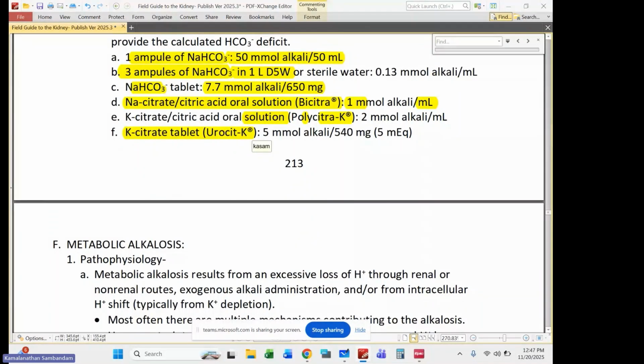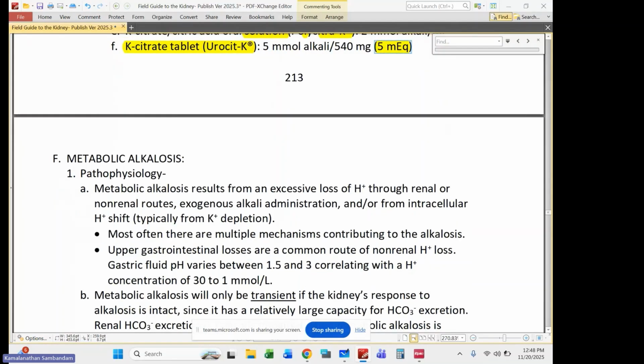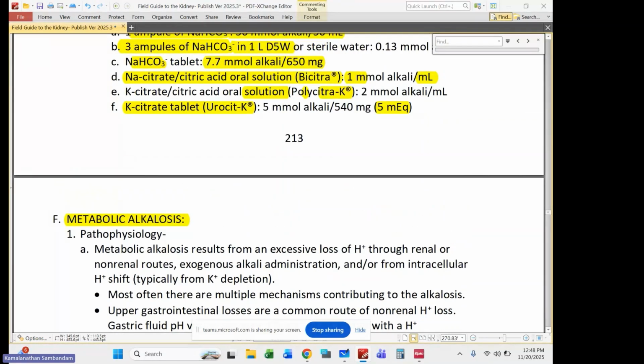Okay, that is actually labeled in milliequivalents, so it's on the label how many milliequivalents of equivalent bicarbonate you're giving. Okay. All right. So it's captured, right? Sodium citrate. Citrate is a 3-, and this milliequivalence captures the valence of citrate.